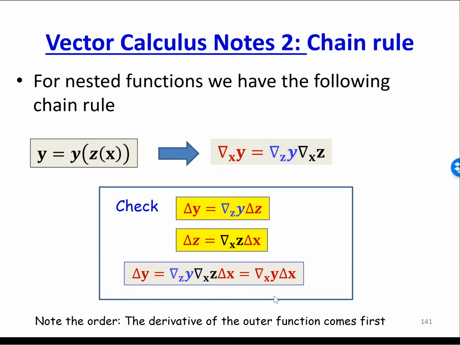And of course, I've shown why the math works out. Delta y is nabla y z times delta z, which is nabla z x times delta x. So chaining it all together, you find that the derivative is nabla y z times nabla z x, okay? So do you think you may not remember the order, but based on this, you can work out the order on your own the next time you encounter this?